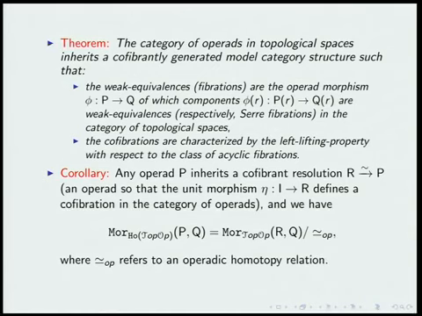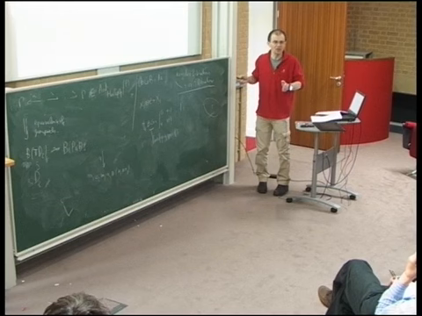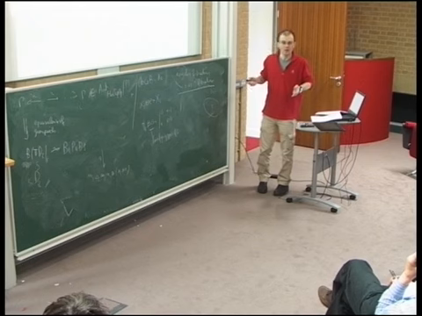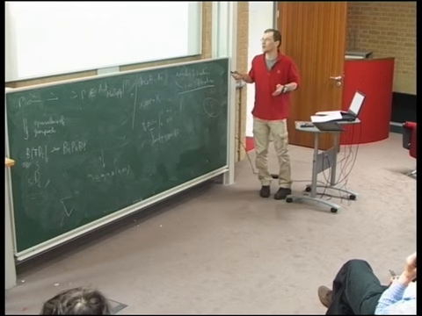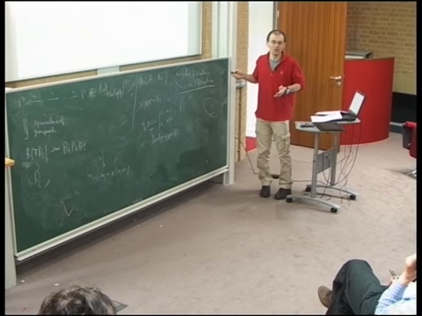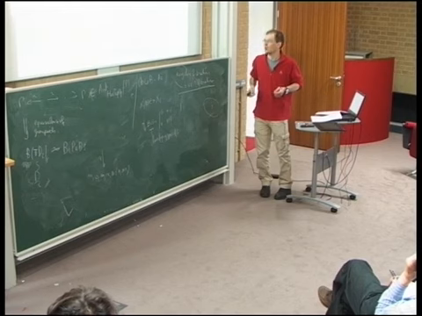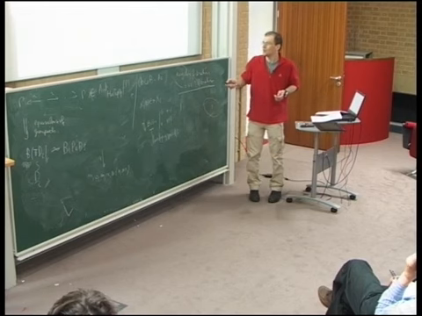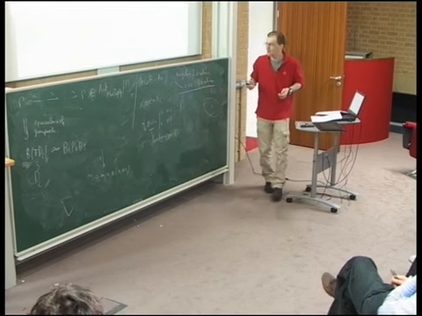Okay, so to compute this set, you have to do two things. First, construct an explicit, or at least manageable, cofibrant resolution R of P, and then compute homotopy classes of maps defined on this cofibrant replacement. I can define very easily this operadic homotopy relation.